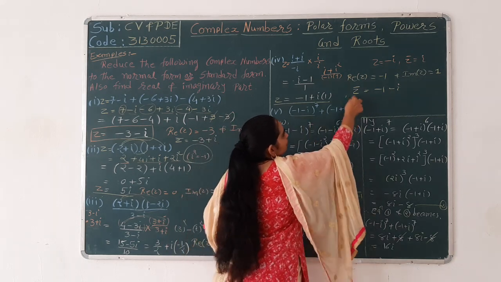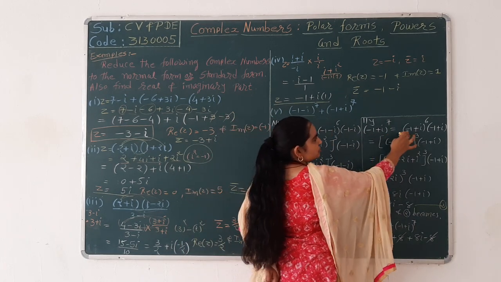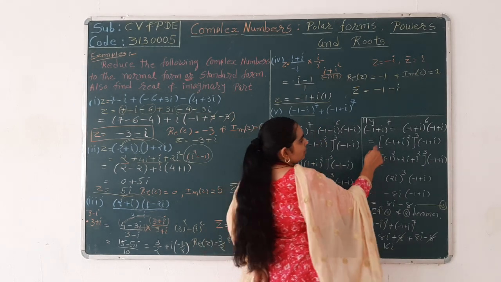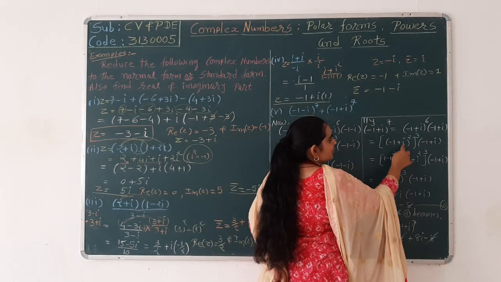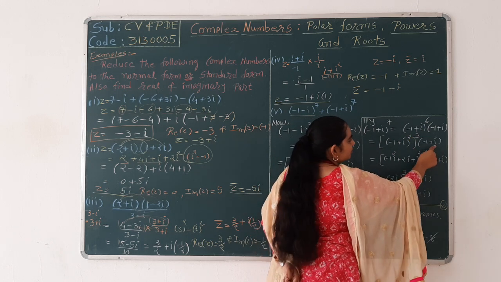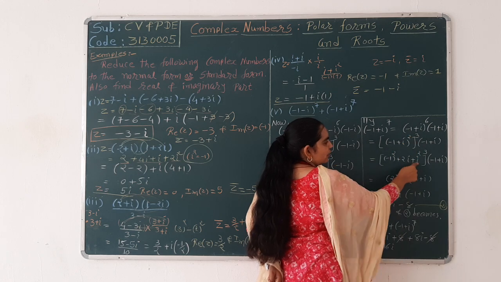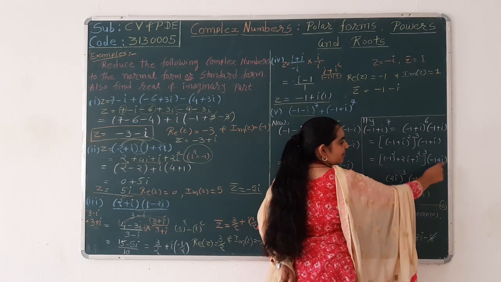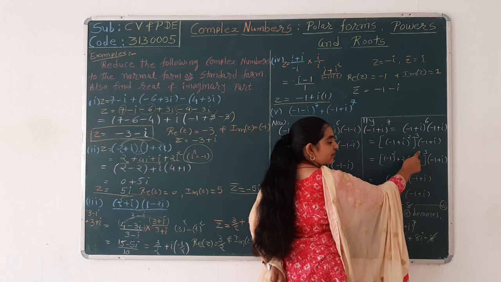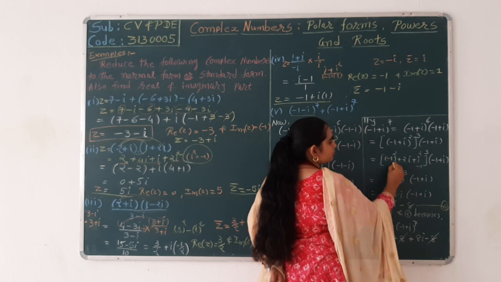Now similarly we have to find this part. Same way we have to find minus 1 plus I raised to 7, that is minus 1 plus I raised to 6 into minus 1 plus I. Same as minus 1 plus I square whole cube into minus 1 plus I. Same as the formula for a plus b whole square, into minus 1 plus I. Now I square, we know that I square is equal to minus 1 and minus 1 whole square is 1.